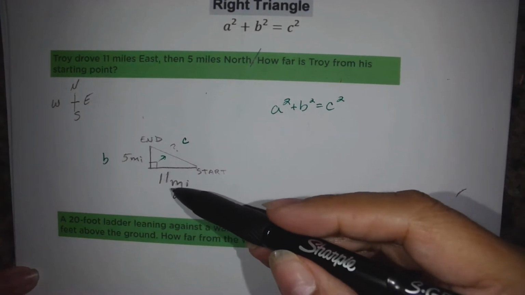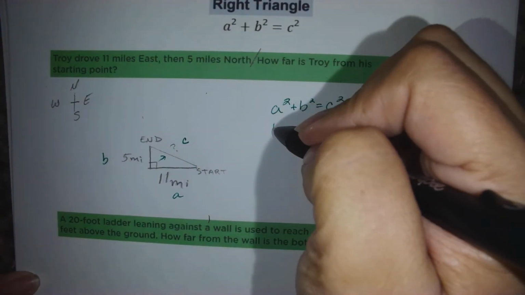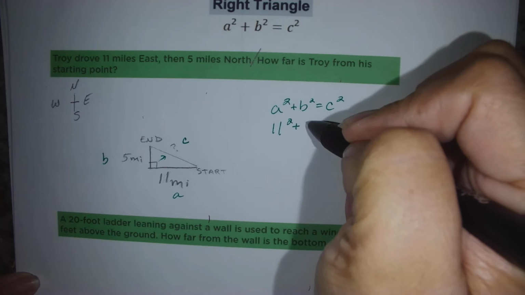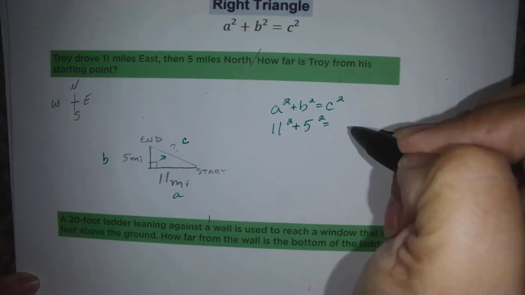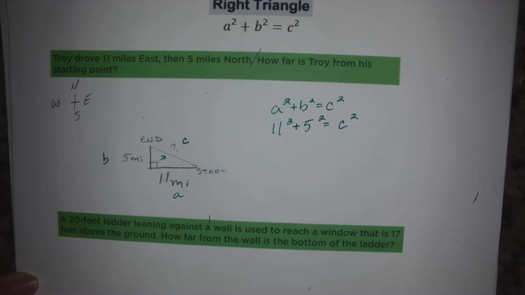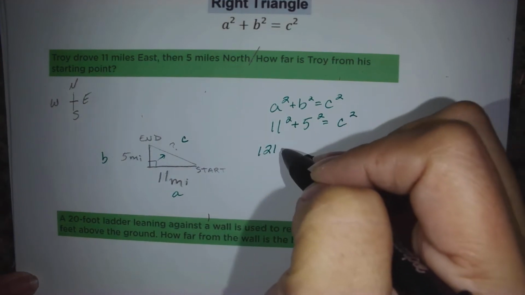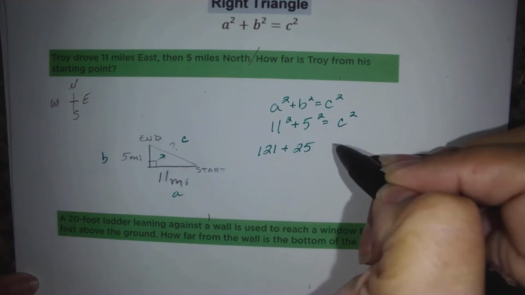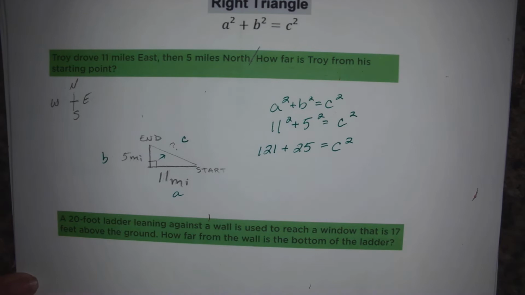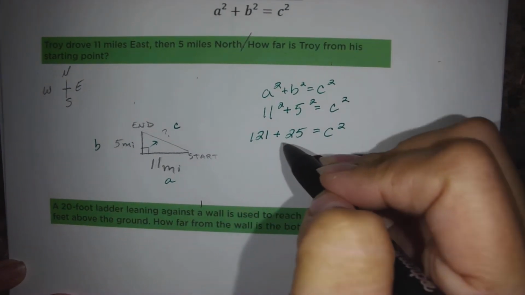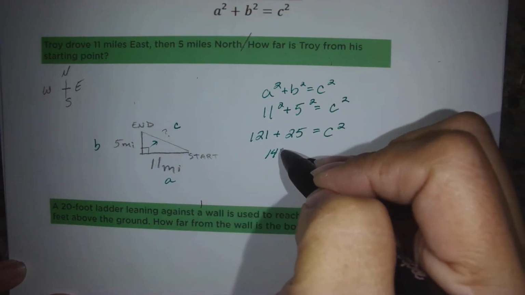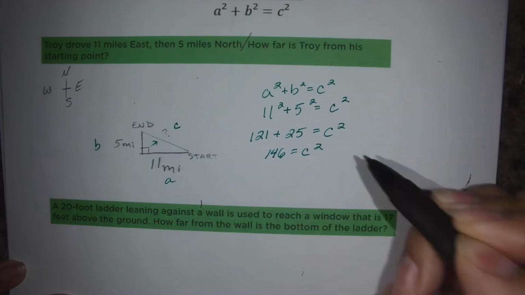So we're going to go ahead and substitute these values in. 11 squared plus 5 squared is equal to c squared. So 121 plus 25 equals c squared, because we don't have a number there. We're going to add these two, so 146 is equal to c squared.